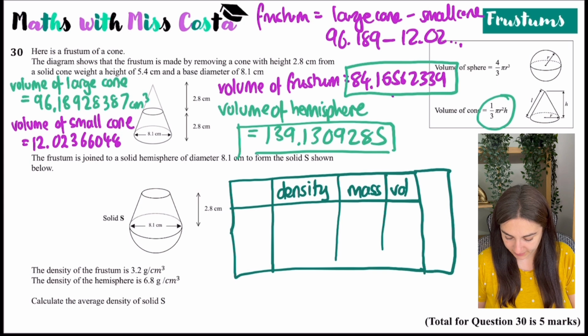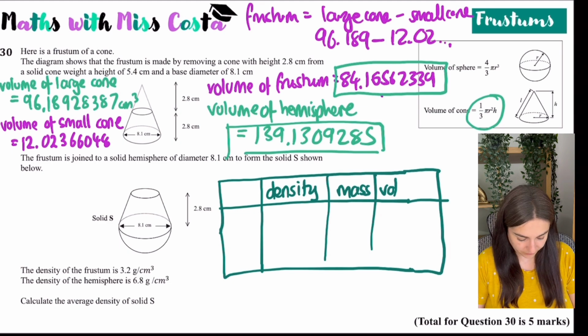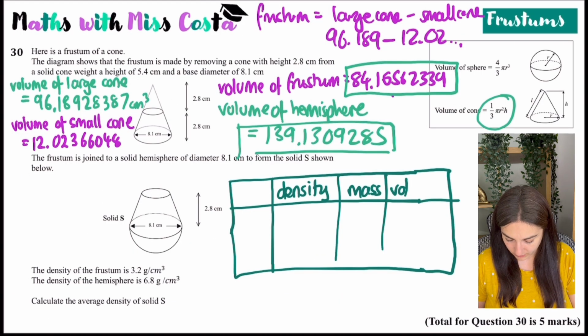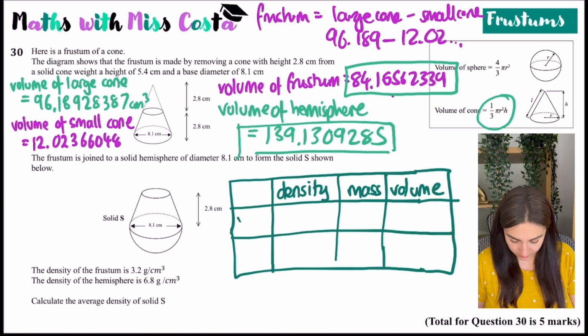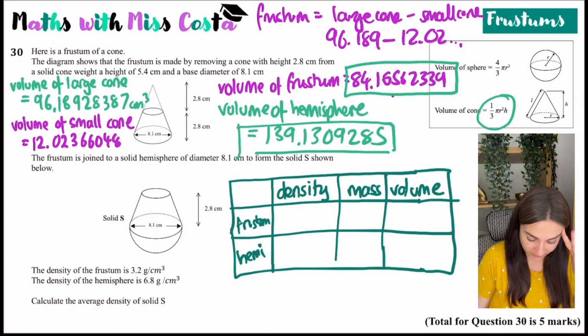Let's make this a bit bigger. And then you've got frustum and hemisphere. So now let's put all of the information that we have.